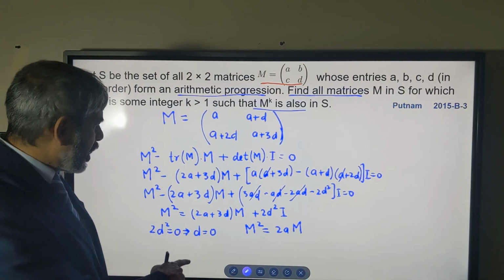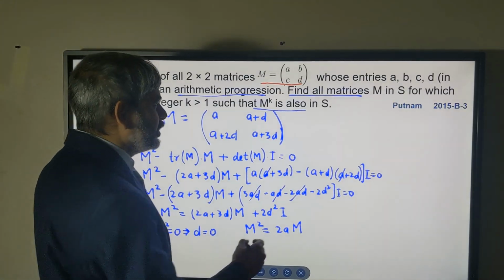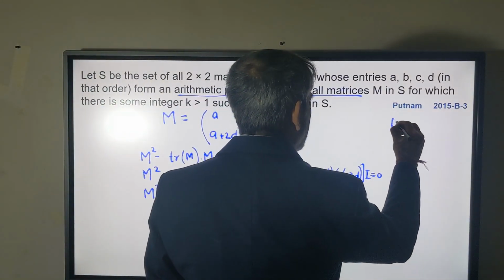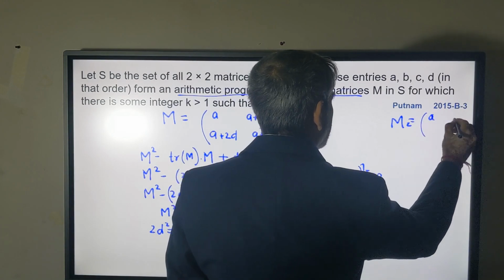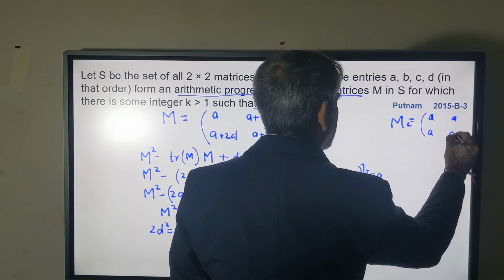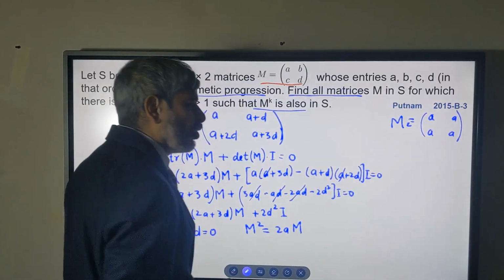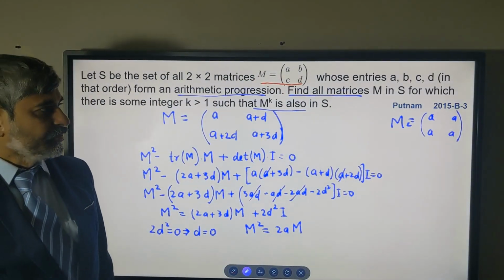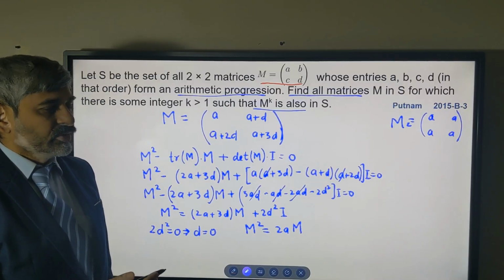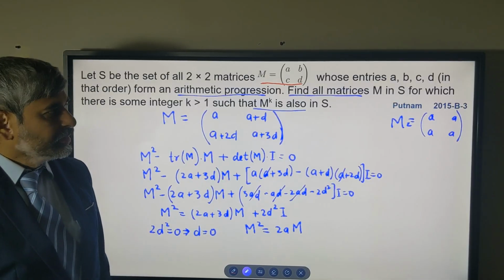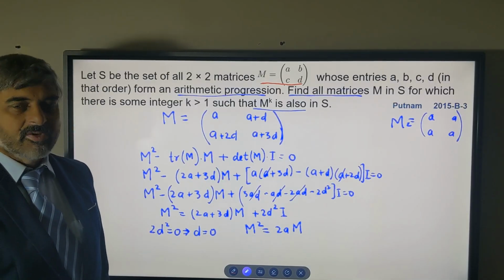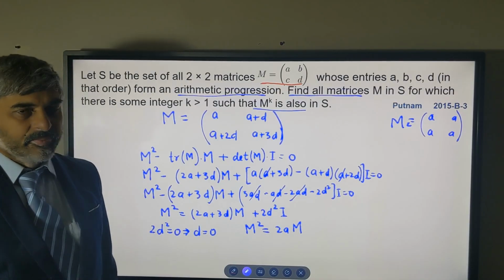So what does this d equal to 0 mean? D equal to 0 means M will look like a and a, which means that all its elements are same. So this also technically is an arithmetic progression, elements in arithmetic progression with common difference 0.